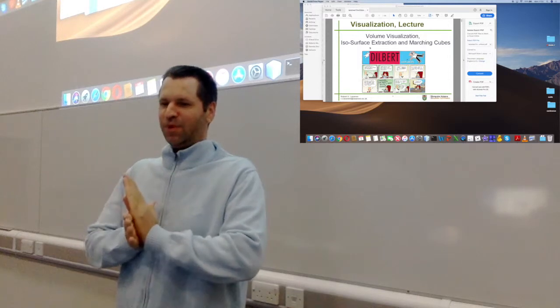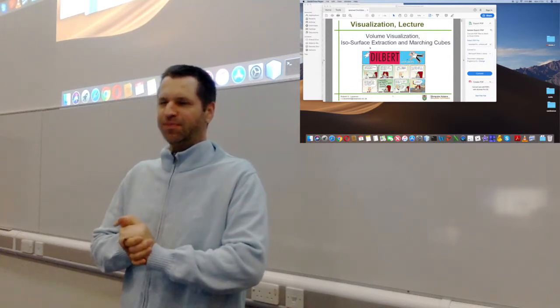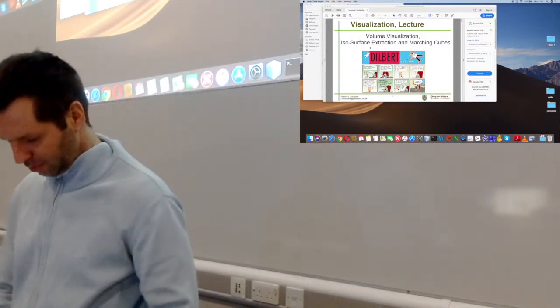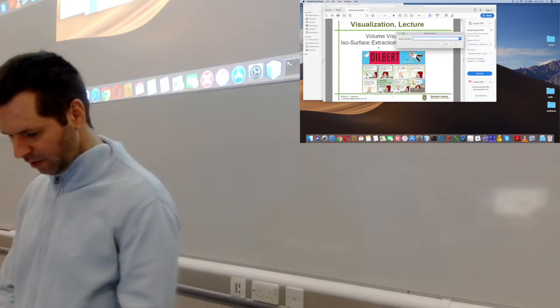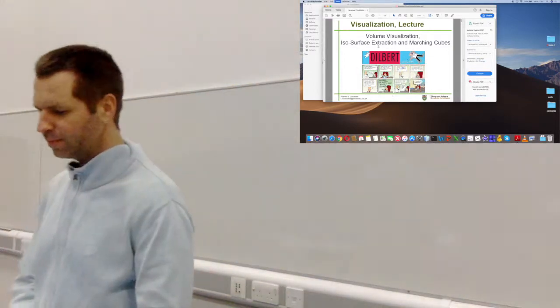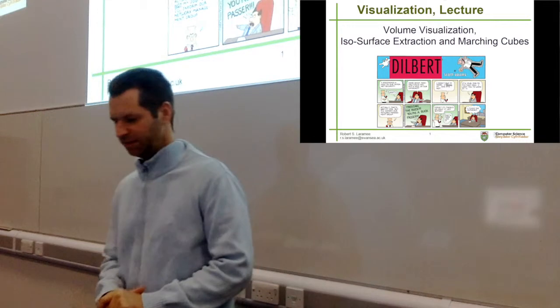Okay, so we were talking about the marching cubes algorithm, which is a little bit difficult, some of the steps to understand. Anyone have questions about this? Any steps so far? Good.